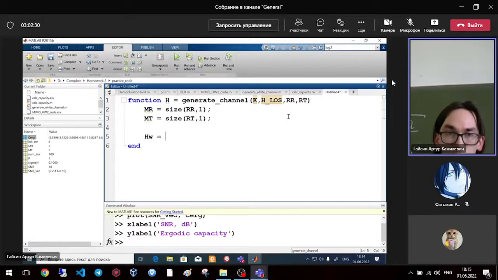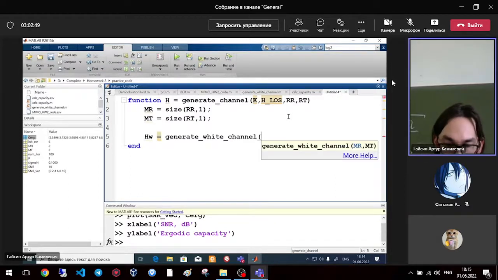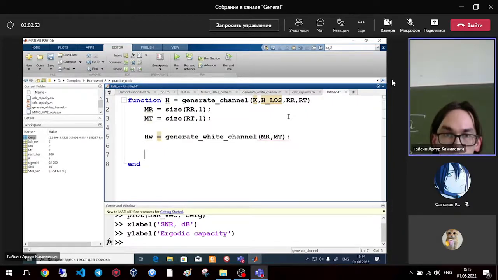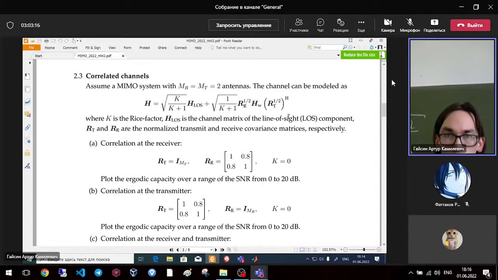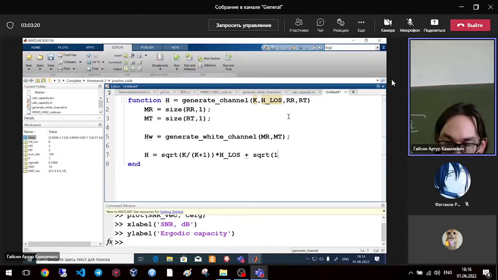So next you should create this HW, so we can use generate channel with more MT, R. Next, you should write this equation like this thing, SQRT of k divided by k plus 1 times this h line of sight plus what we have next, SQRT of 1 divided by k plus 1.